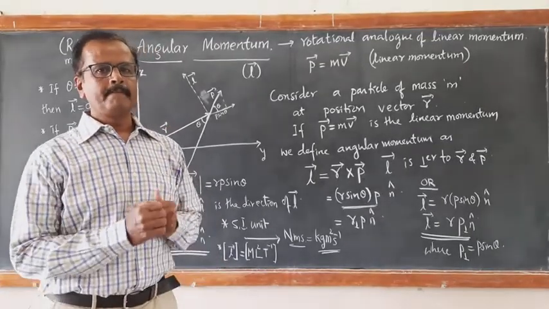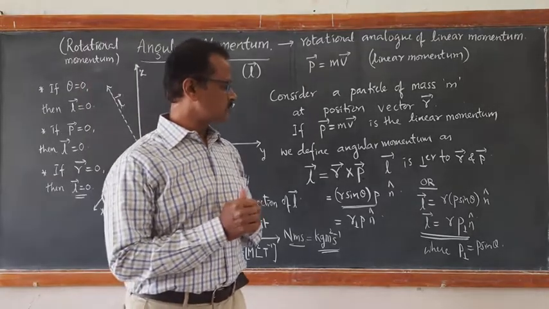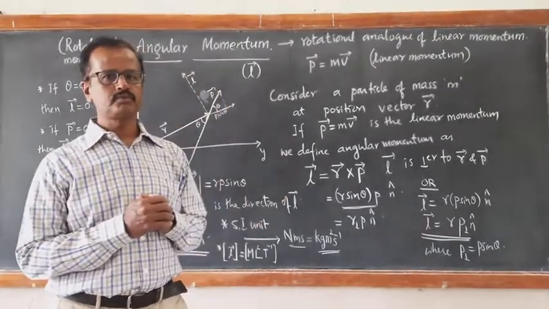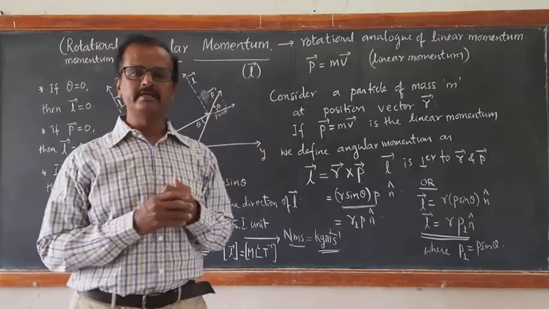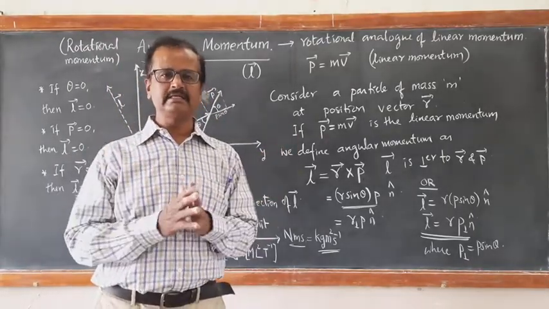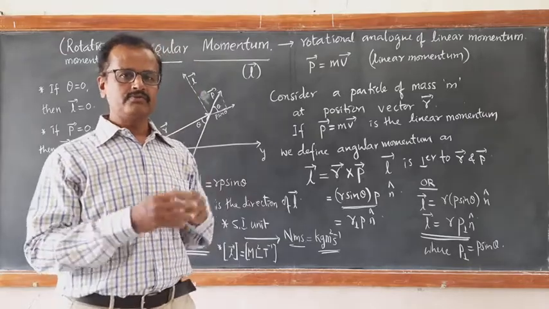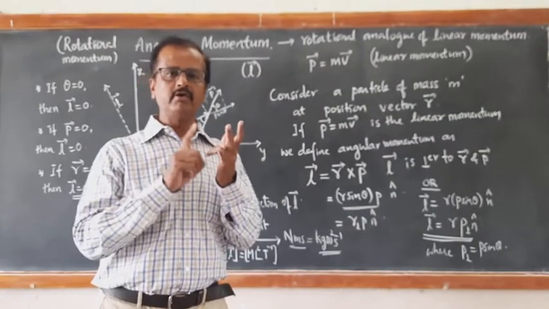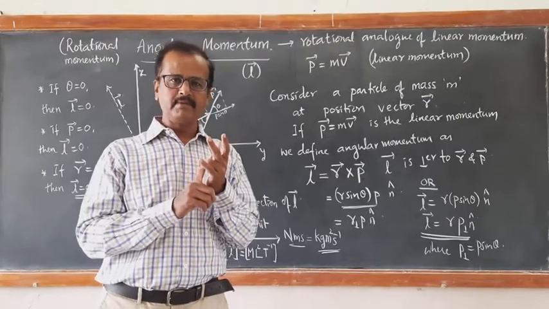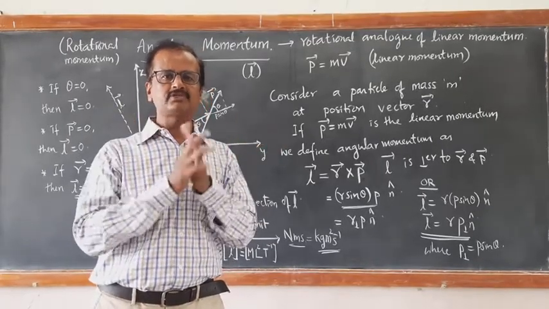Now let us solve some problems, and then we will extend this concept for a system of particles later. First we studied torque acting on a single particle when a force acts on it.